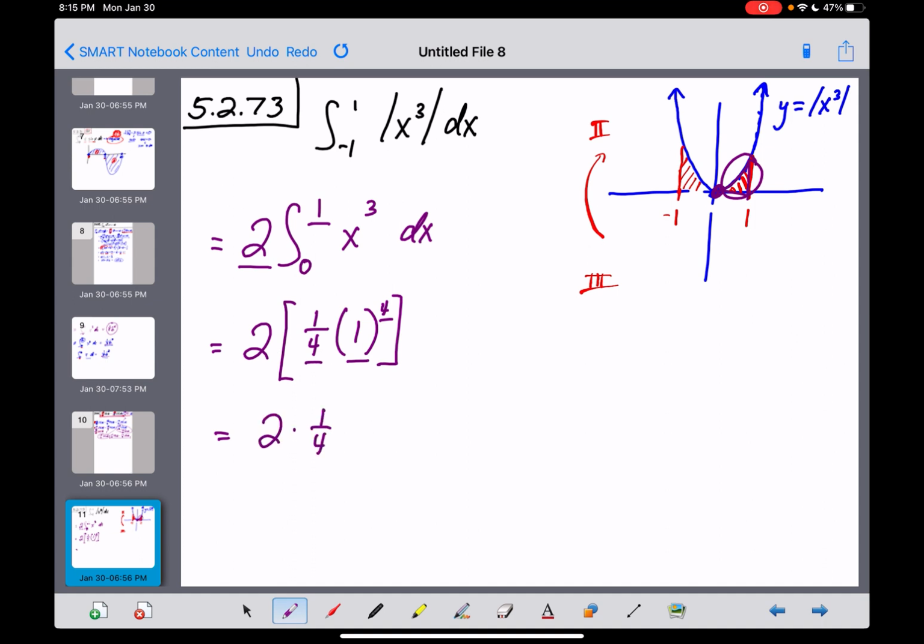And a 2 times 1/4 is going to give you an answer of 2/4 or 1/2. Okay, so it's a pretty small region right there, but that's what we came up with for the area of this whole thing. And so that integral from -1 to 1 of the absolute value of x cubed is going to end up just being 1/2.